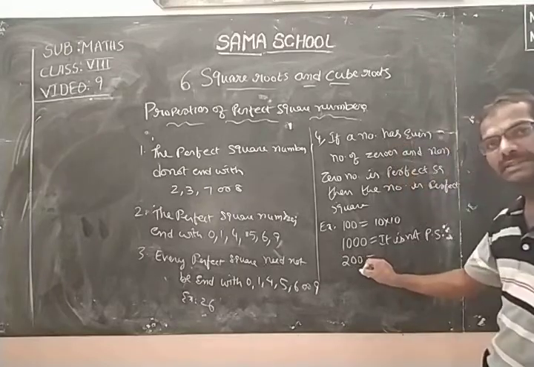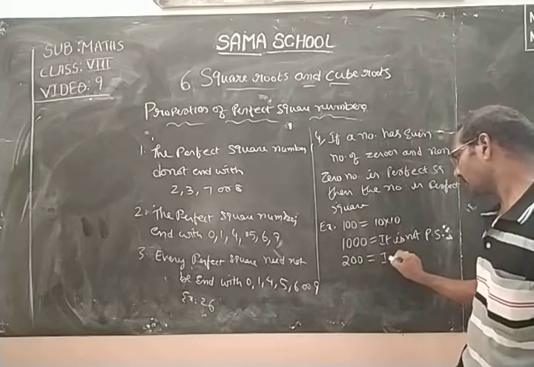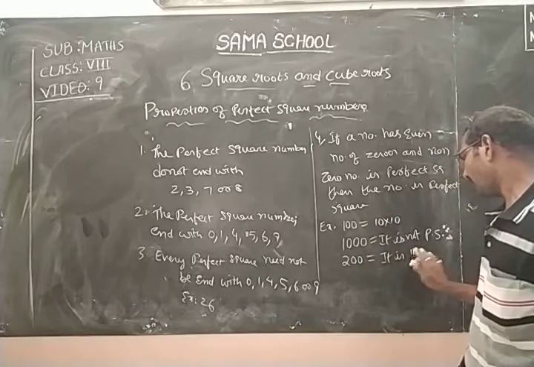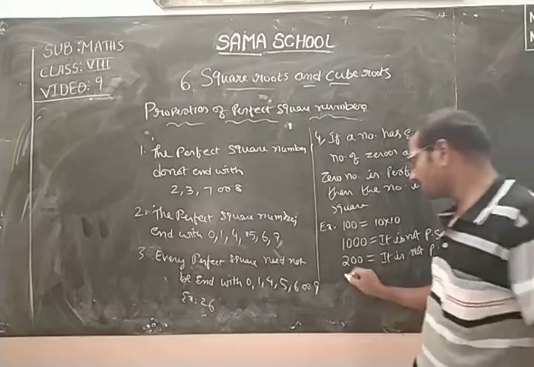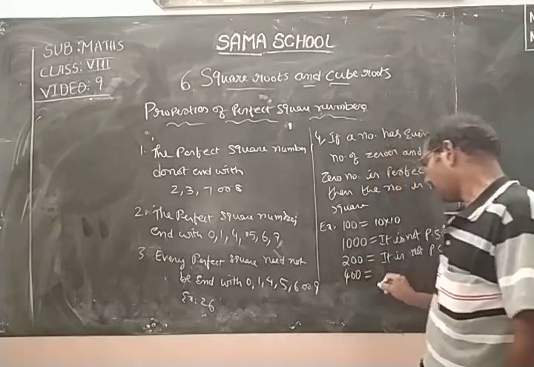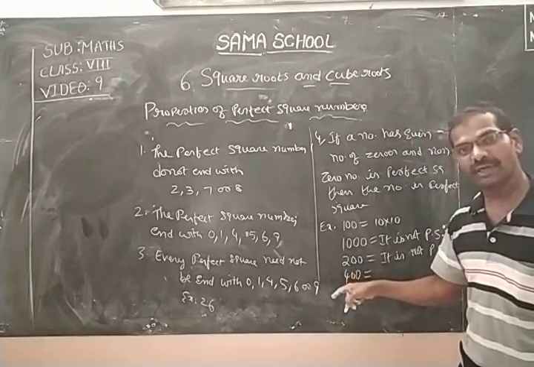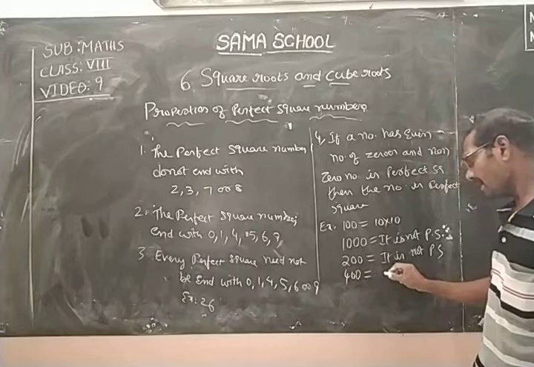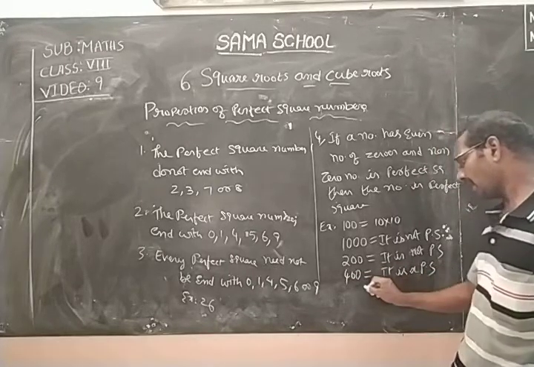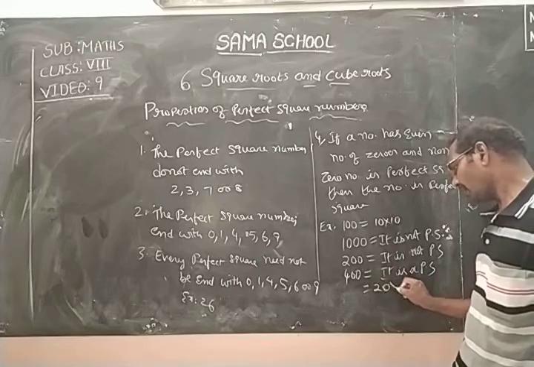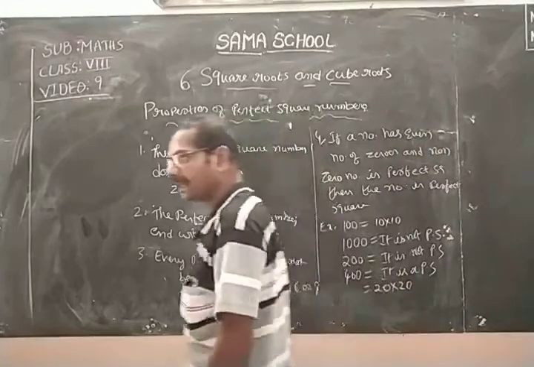Even though there is an even number of zeros, the non-zero number is 2, so it is not a perfect square. Suppose 400 is there. It is a perfect square. There is an even number of zeros and the non-zero number is a perfect square, because you can write it as 20 into 20. So that you can clearly understand.